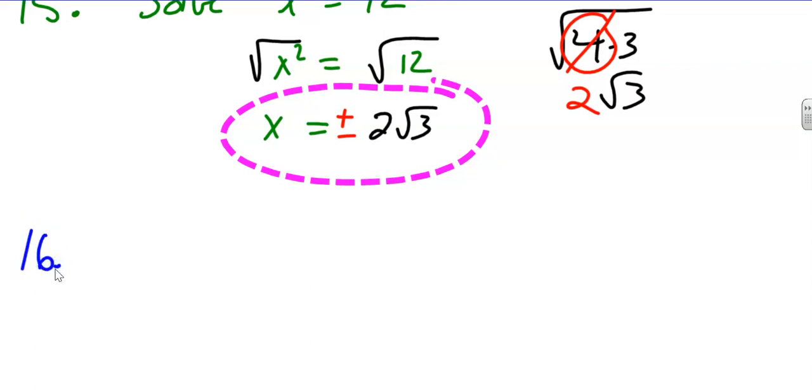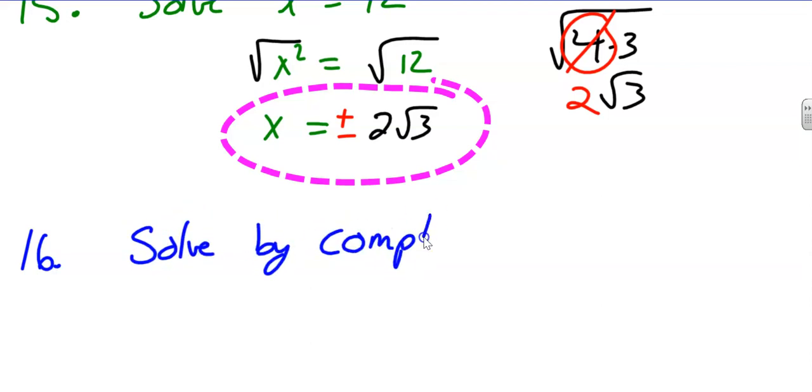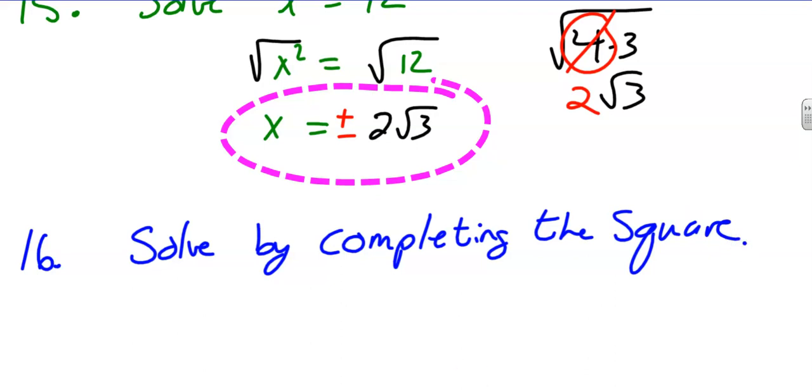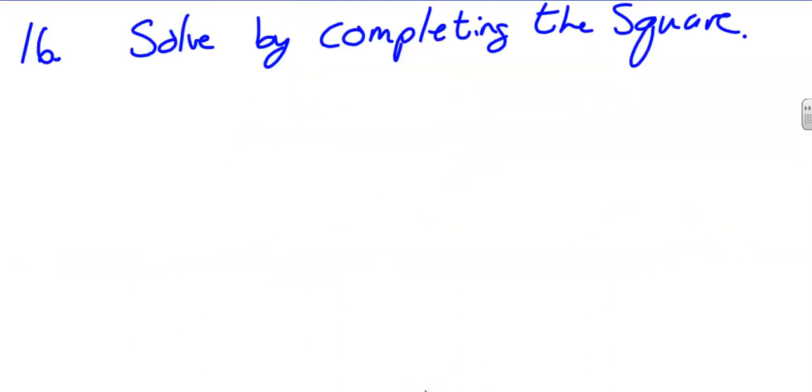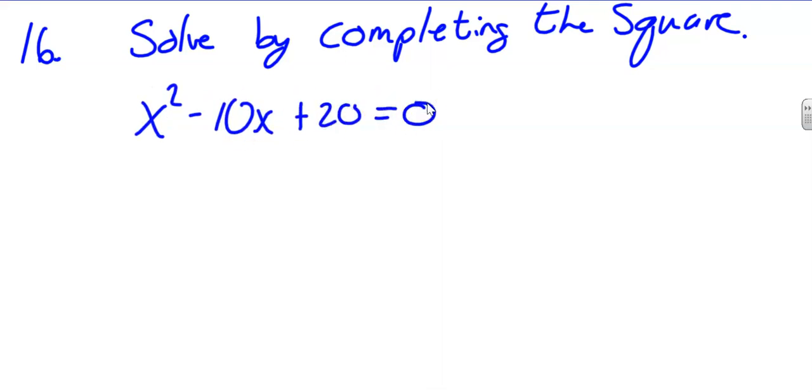All right, 16. This is the one where they tell you to solve it, but you have to solve by completing the square. And this is the one that had the 2-part answers when we were doing this the other night, which was x squared minus 10x plus 20.